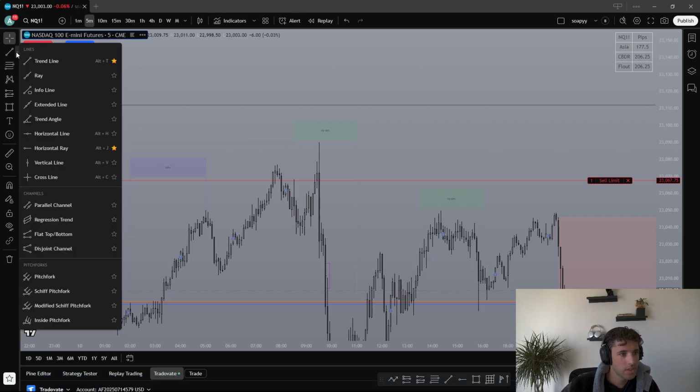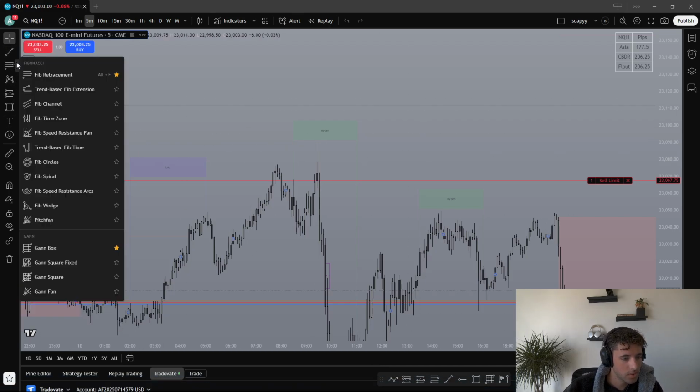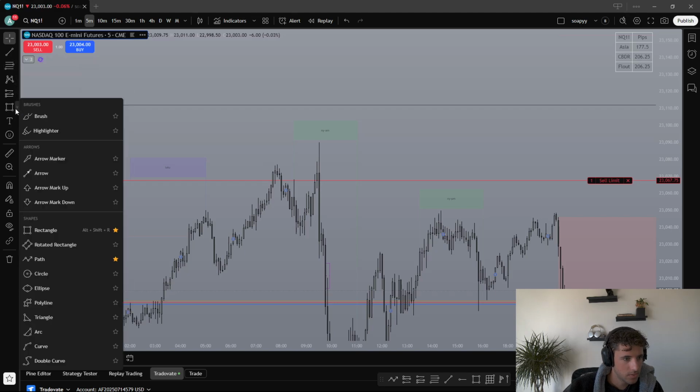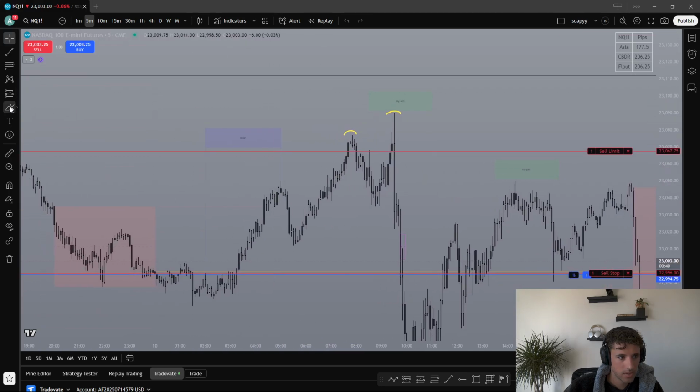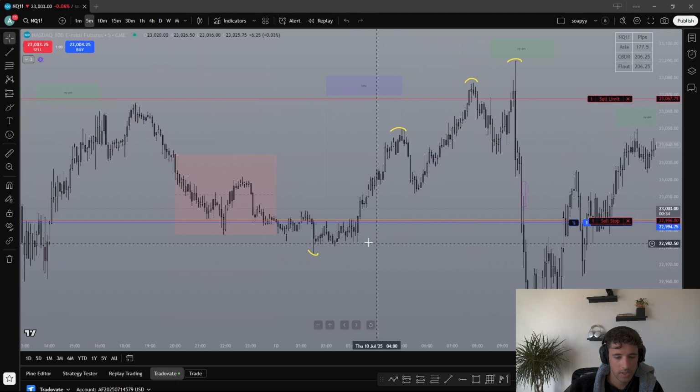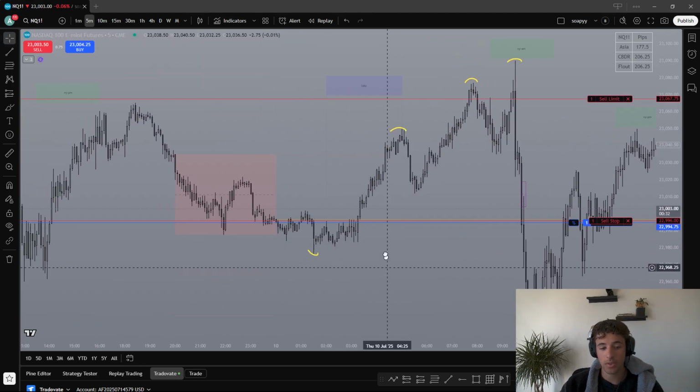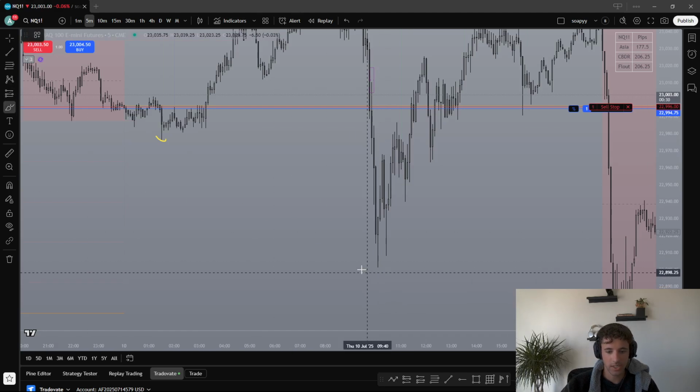Let me find the brush tool. Right here, this is liquidity, liquidity, liquidity. Basically every swing high and swing low.